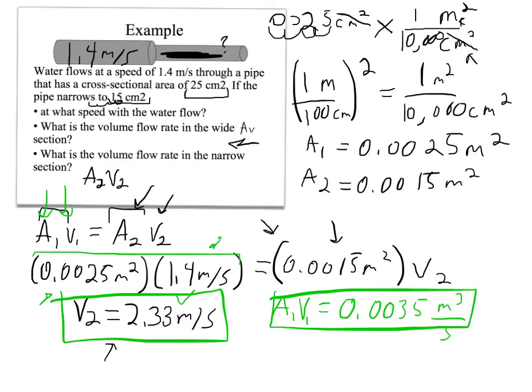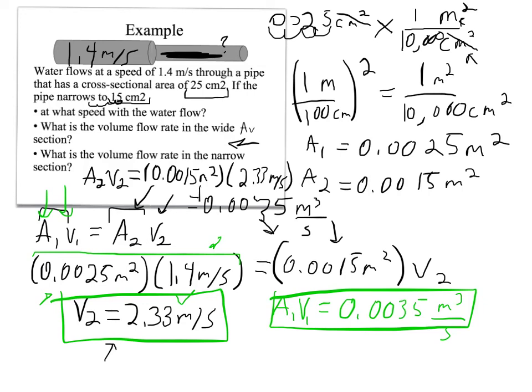A2 V2 equals 0.0015 meters squared times 2.33 meters per second, and I get 0.0015 times 2.33, 0.0035 meters cubed per second.